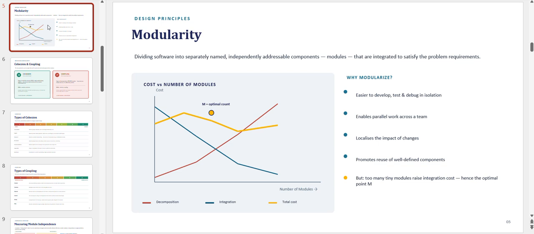First, it is easier to develop, test and debug in isolation. Second, it enables parallel work across a team. Third, it localizes the impact of changes. Fourth, it promotes reuse of well-defined components. Fifth, too many tiny modules raise integration cost, hence the optimal point M.